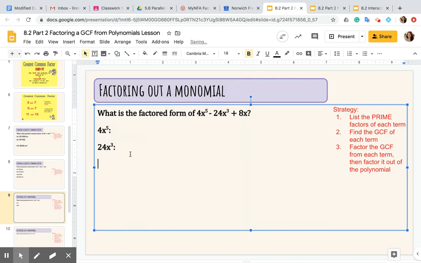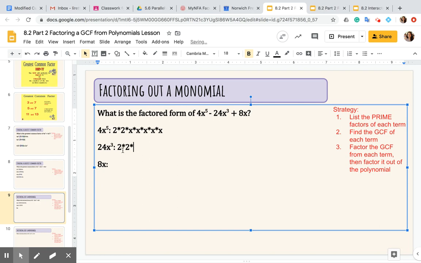I'm taking all of these terms and I'm setting them up so I can list out all of my prime factors. So 4x to the power 5, well, that's going to be 2 times 2 times 5 individual x's. 1, 2, 3, 4, 5. 24x, I can list that as 2 times 2 times 3.